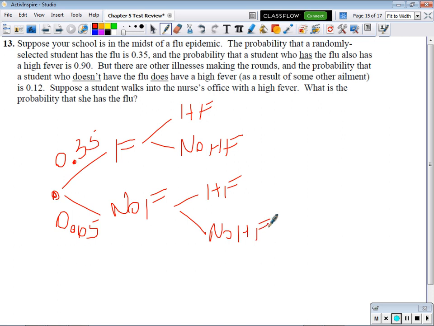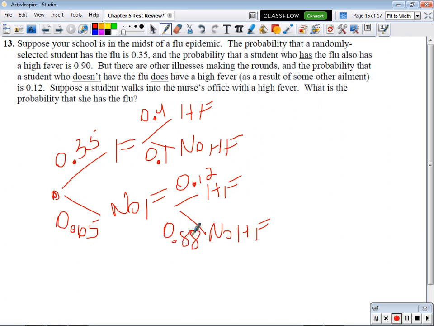The probability that someone who has the flu also has a high fever is 0.9, which means the probability that they don't have a high fever is 0.1. And then for the people that don't have the flu, the probability that someone has a high fever is 0.12, which means the probability that they don't have a high fever is 0.88.